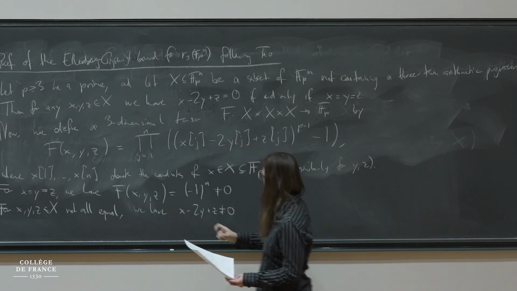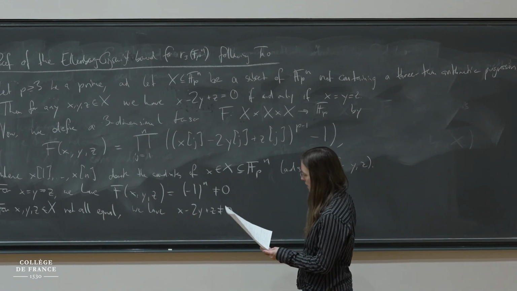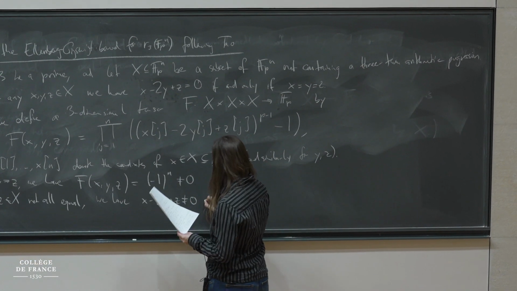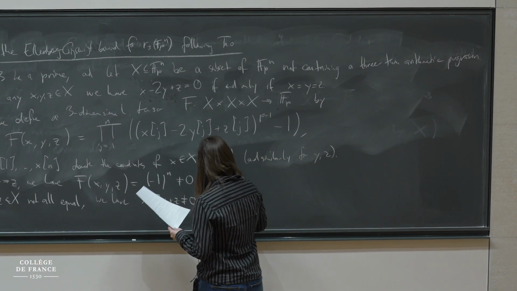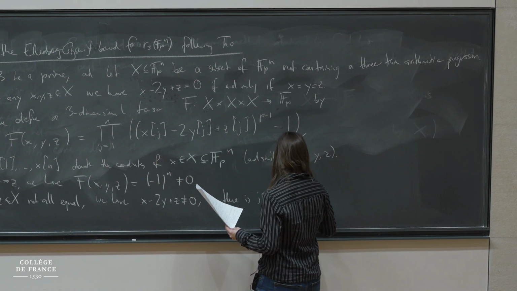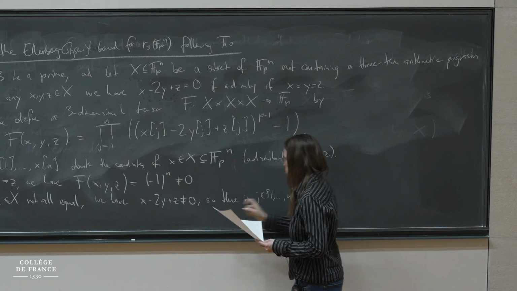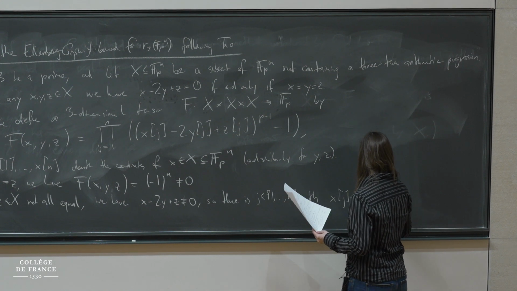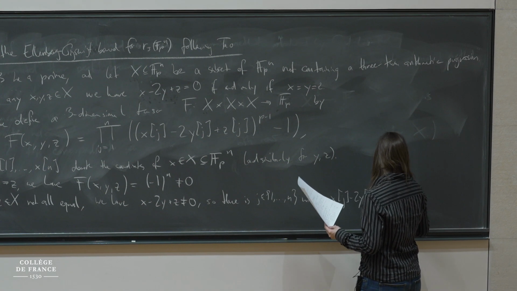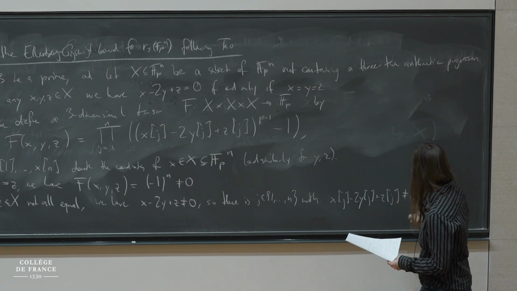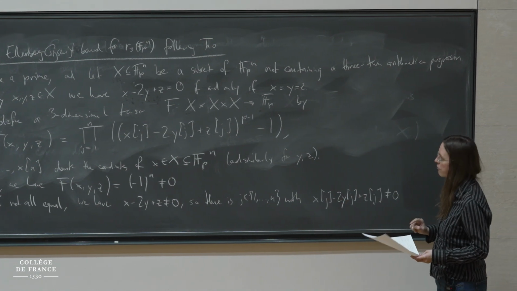But if this vector is non-zero, there must be a coordinate of the vector which observes that it's non-zero. So there is some coordinate j from 1 to n so that x_j minus 2y_j plus z_j is non-zero. So this is now a non-zero element in F_p.